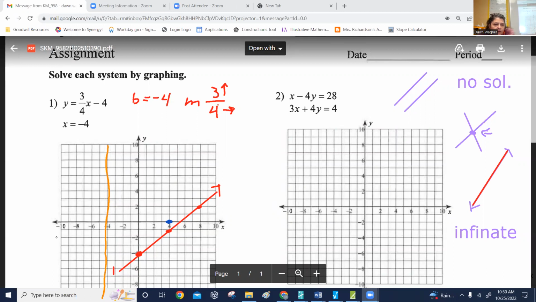So if I go down 3 over -4, 1, 2, 3, 1, 2, 3, 4, it would cross right here, because if you extend the line, it'll go through right there. So it's a (4, -8), (4, -8).